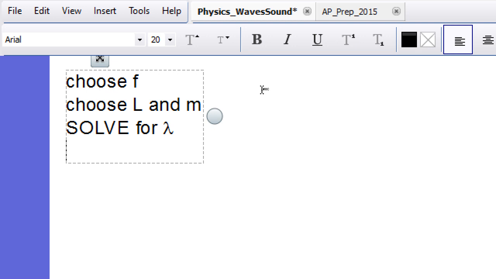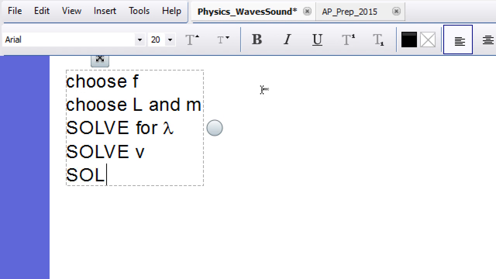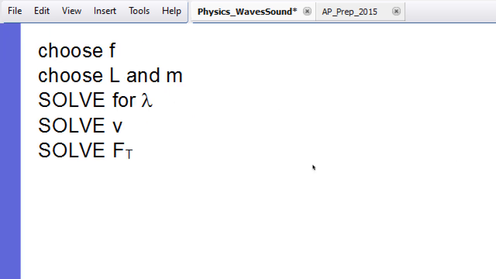If you know the wavelength, you can solve for the speed. And if you can solve for the speed, you can solve for the tension force. And that is all of the math that goes into designing a string instrument. All told, not too bad.